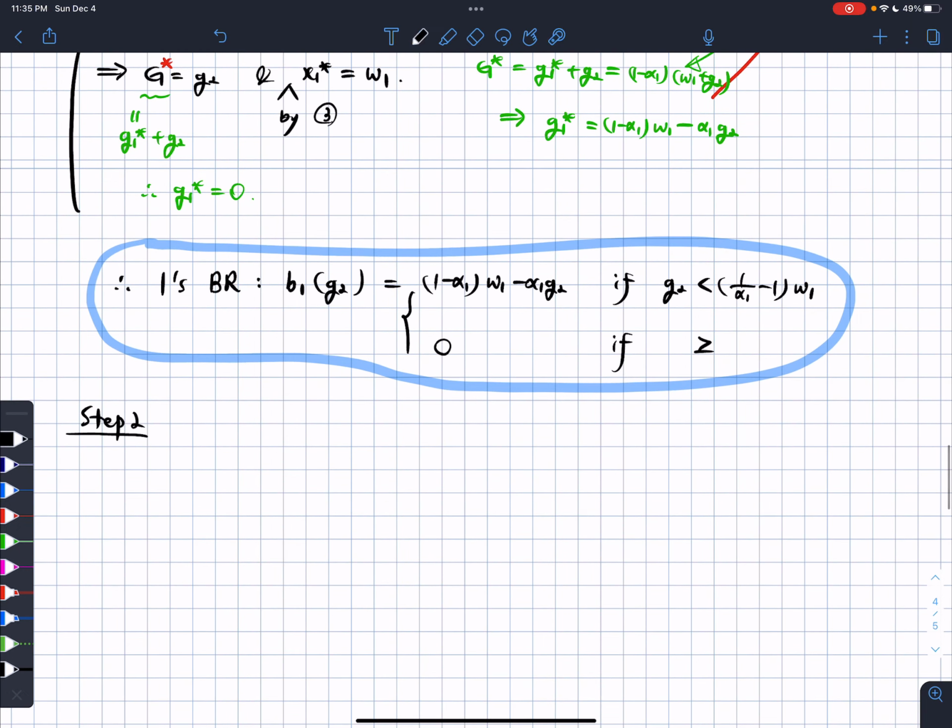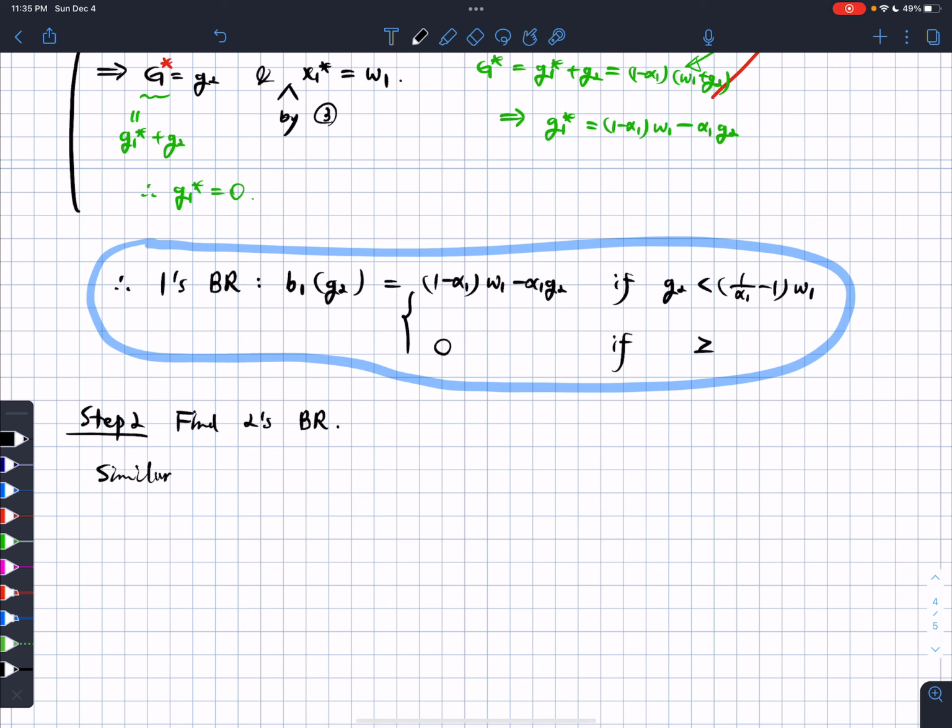You will see that the argument is completely symmetric, so I can just switch the subscripts from this step 1.